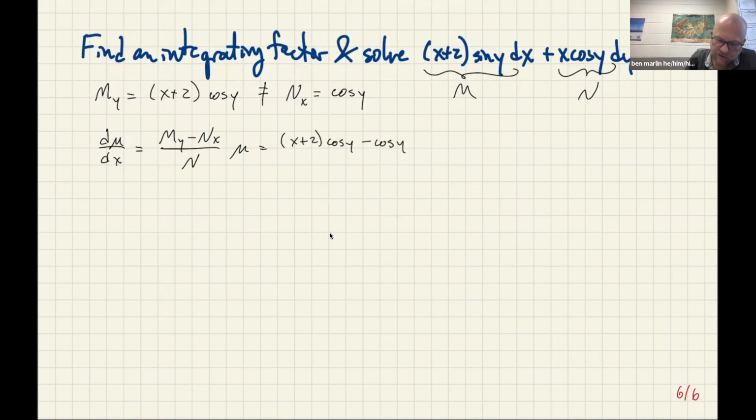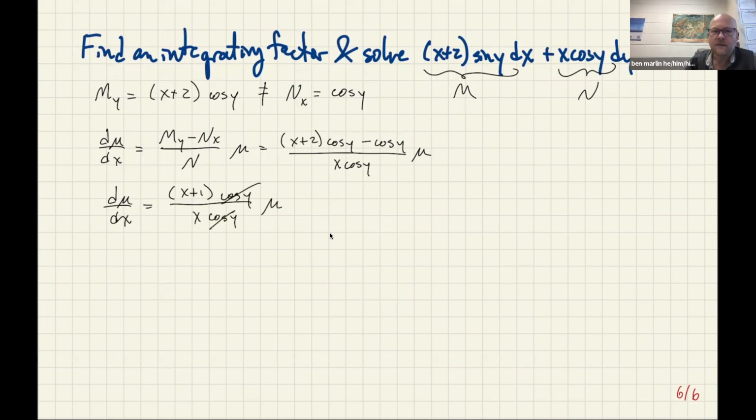So strangely enough, that work was not wasted. And then times mu. So d mu dx is equal to, if you look there, you can factor a cosine out, and this turns into x plus 1 cosine y divided by x cosine y, and then the mu. The y's cancel out, and we have a function of x alone.